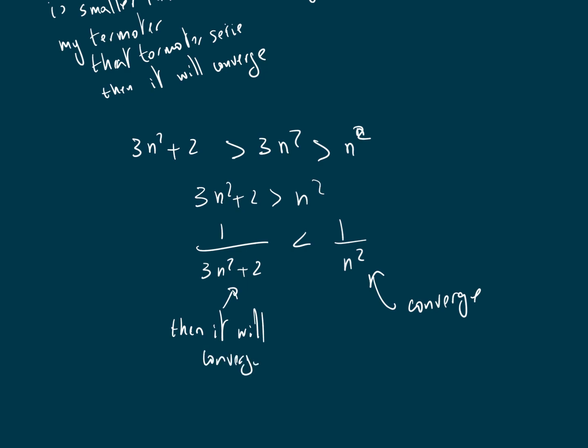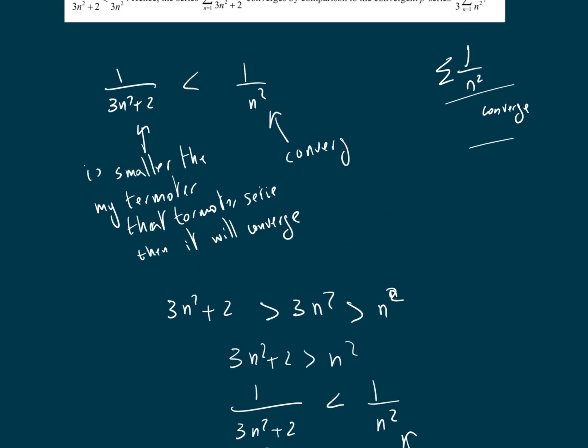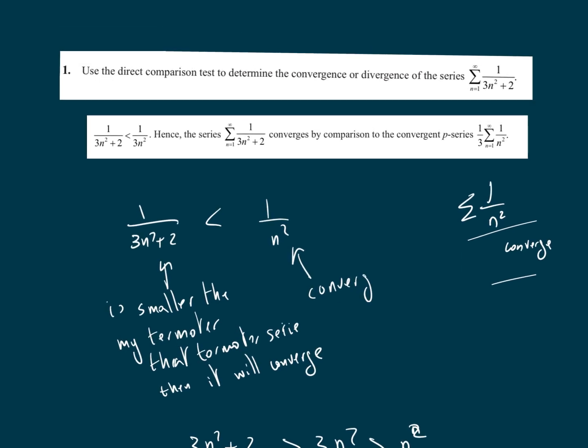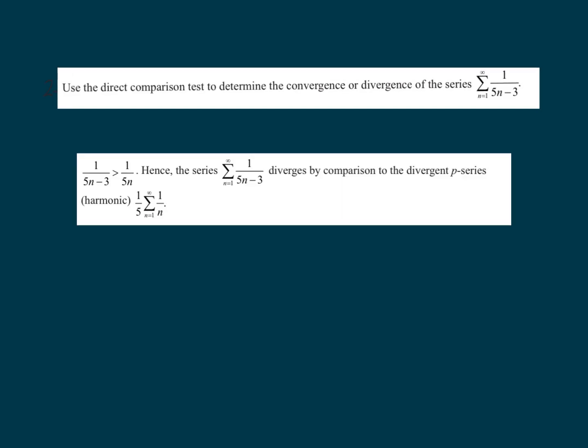And now the convergence of this series is already proved. The series converges by comparison to the convergent series 1 divided by n squared. You can compare with this one; you don't need the 3. Okay, to the next one.